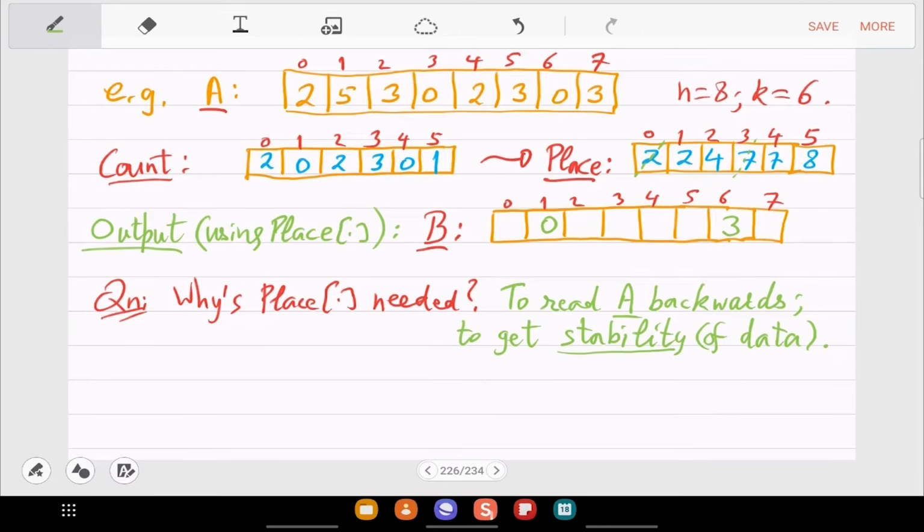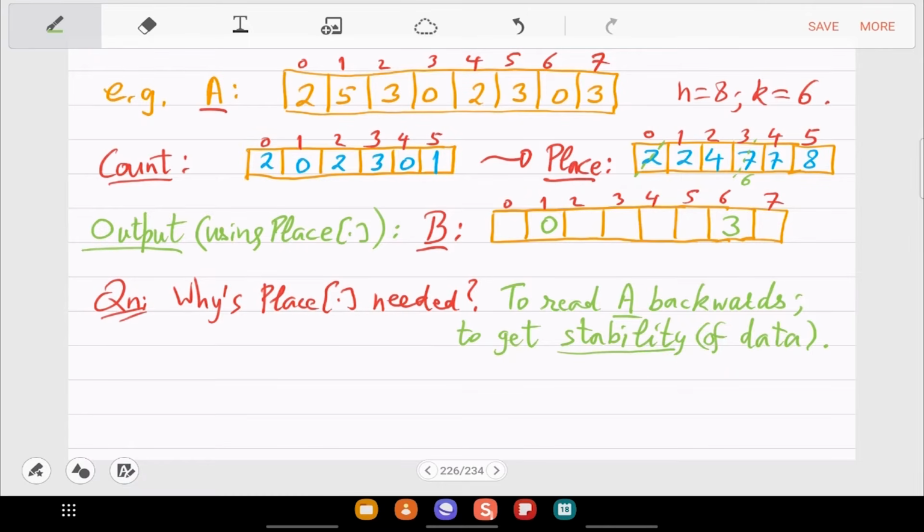Just by querying once, you know where to put this 0, and then you continue. So then the 3 comes. The 3, you again see that, so when you are doing this, you can update 7 to now 6, because the 7 has been used, you reduce it to 6.